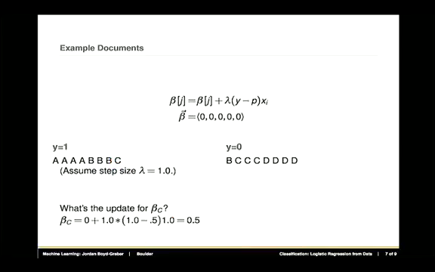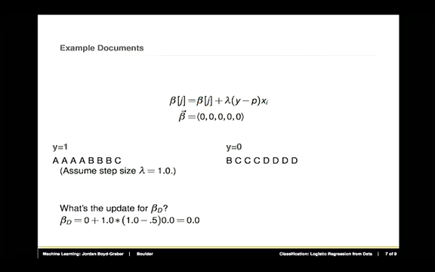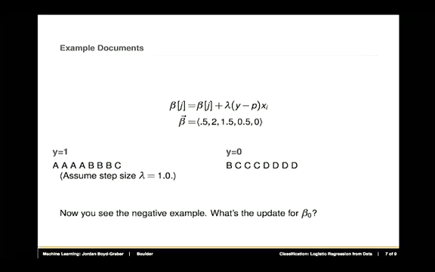And then what is beta D? 0. It was 0 before, and whatever we add on is multiplied by xd, which is 0, so that's going to be 0. Okay, so now we've updated our vector.